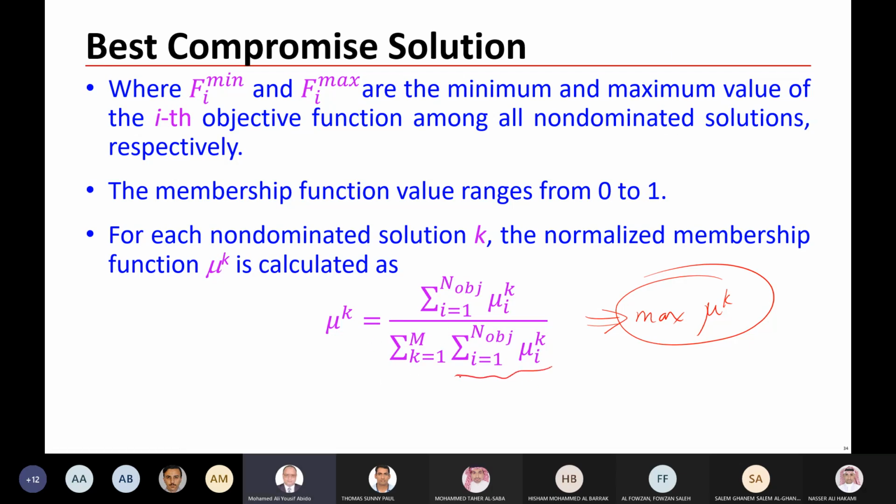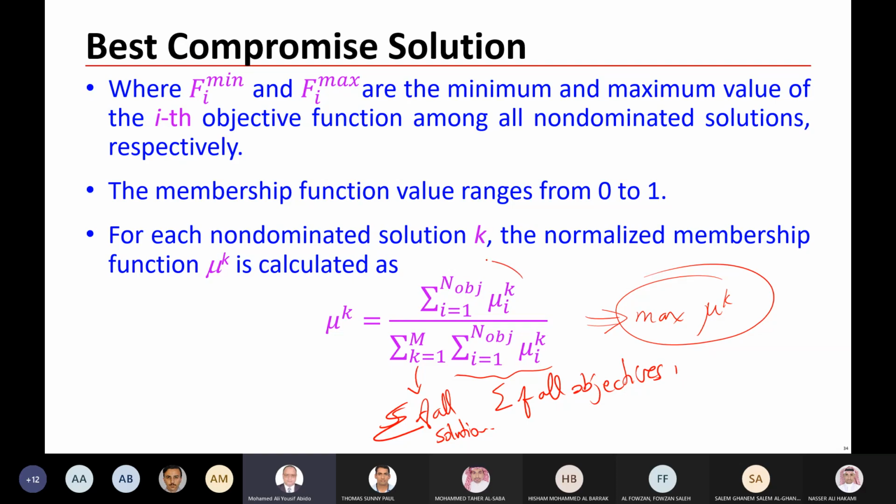This is the summation of all objectives, and this is the summation of all solutions.